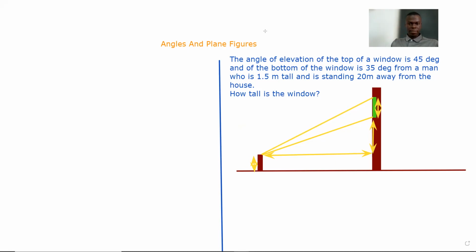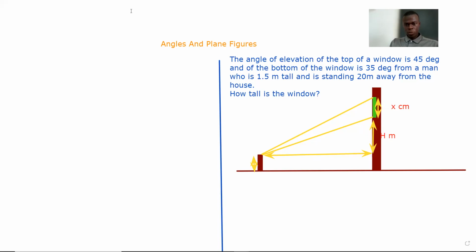So let me mark the dimensions with maybe something red. So I can say that to be X centimeter. Then I can make the text box slightly small. So then I can call that H meters.